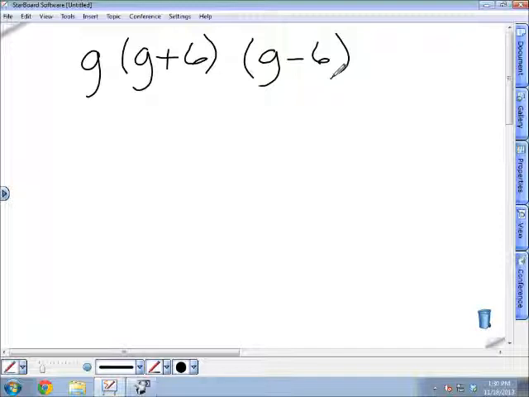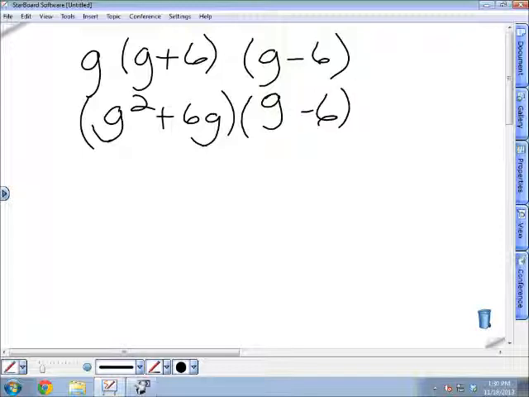Well, note one thing. Multiplication is commutative. So you have two options. You can distribute the g into here, and you would get a larger binomial. So you could say, for example, call this g squared plus 6g, and then multiply this by g minus 6. You could do that.